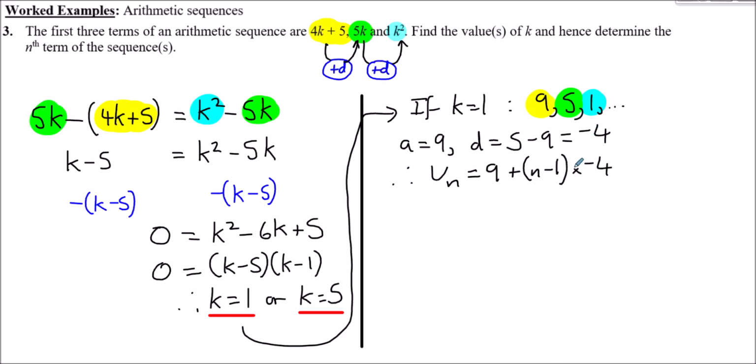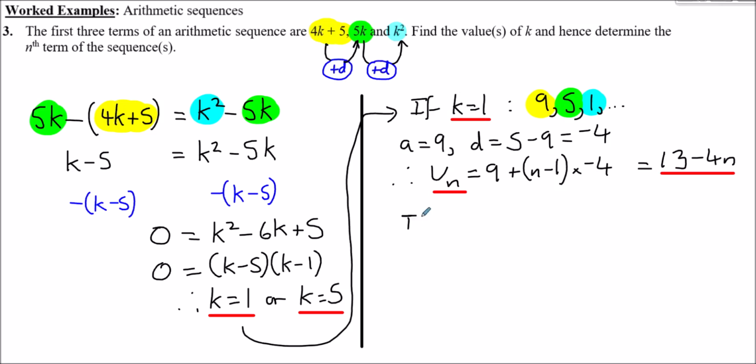So n times minus 4 is minus 4n, minus 1 multiplied by minus 4 is plus 4, so 9 plus 4 gives 13. So that would be the nth term if k were 1. So if k were 1, we'd have that un equals 13 minus 4n.